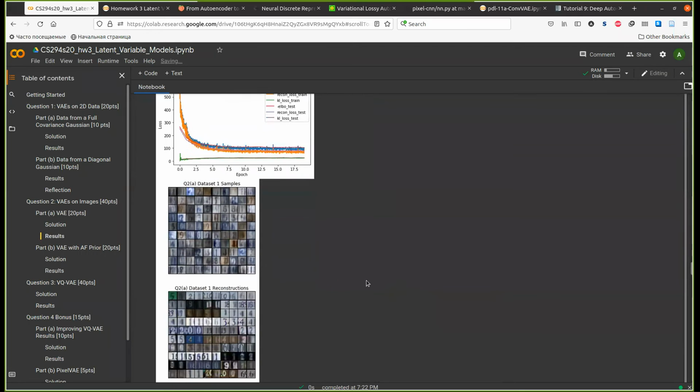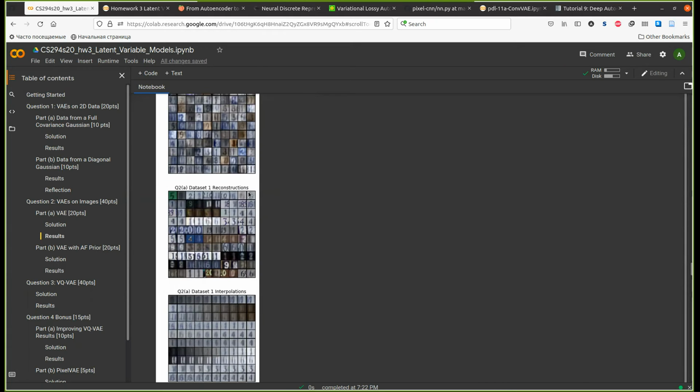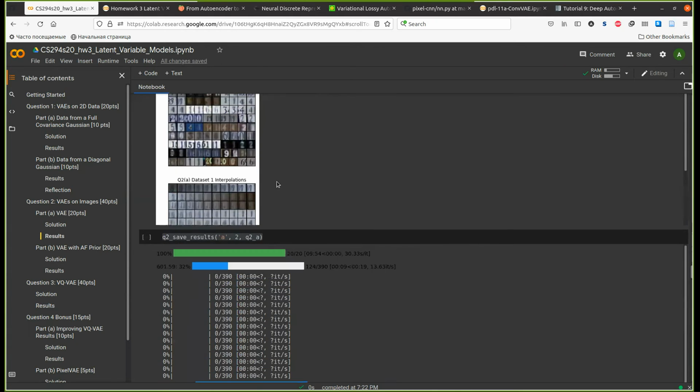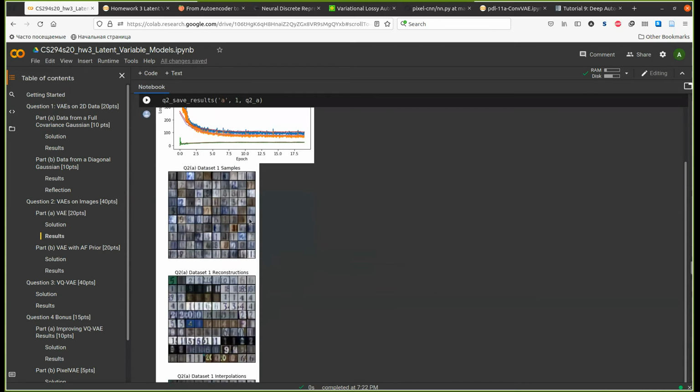And here we can inspect the results from, oh, those are my results first, probably. So here you can see the results from the trained model. And if you zoom out, this kind of looks better, right?